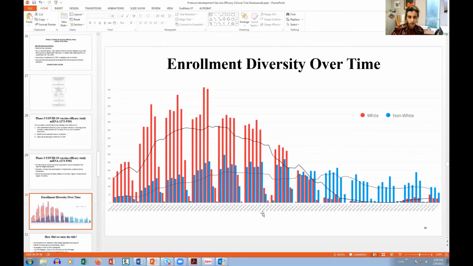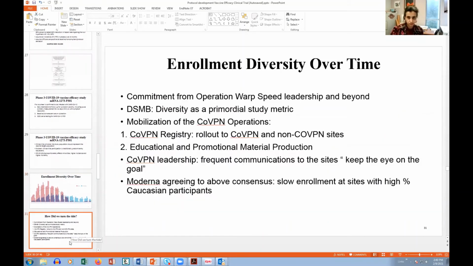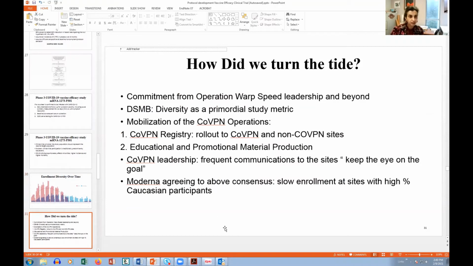Somewhere around here, it was determined that this is just not acceptable, and that enrollment of non-whites has to be prioritized, so the study is representative of the population in whom the vaccine will be given and who will stand to benefit the most from the vaccine. So we had to turn the tide.